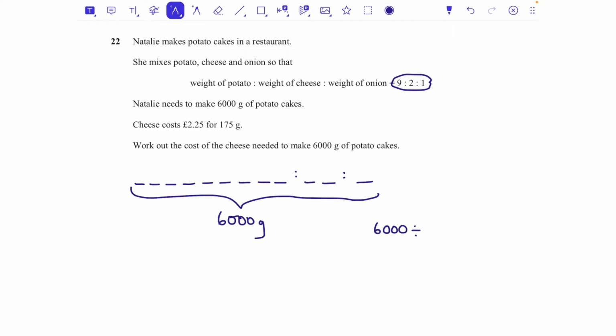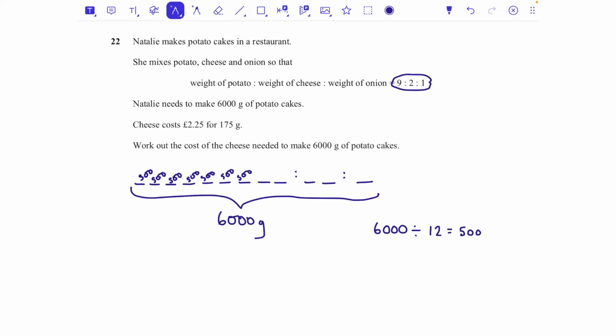Now in total, I've got 9, 10, 11, 12 little lines there that I've drawn out. So I'm going to do 6,000 divided by 12. 6,000 divided by 12 is 500. And that means that there's 500 on each of those little lines. So 500, 500, 500, and so on, all of those.